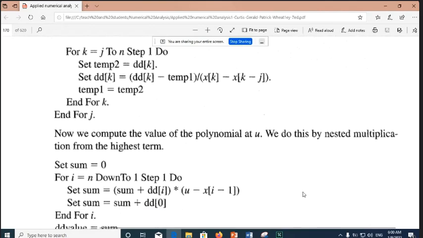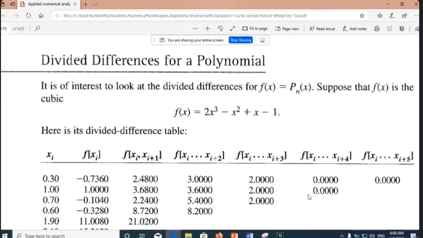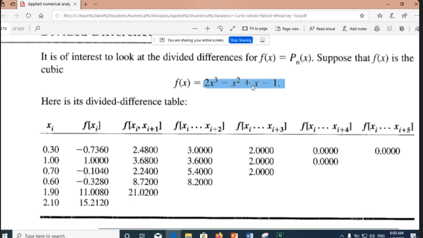And there are some algorithms. Let's examine the divided difference for polynomials. For example, we have these polynomials, and by this we can compute the value of f at 1, 2, 3, 4, 5, 6 points.